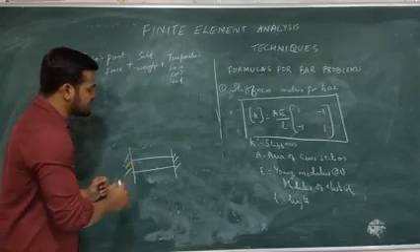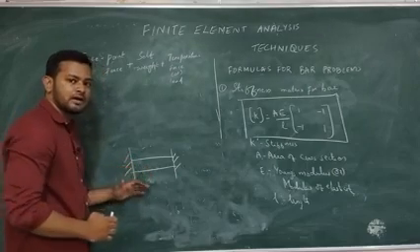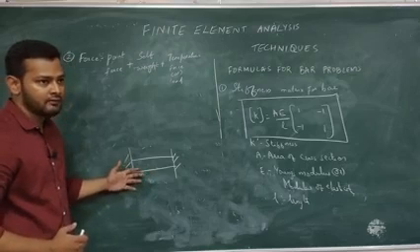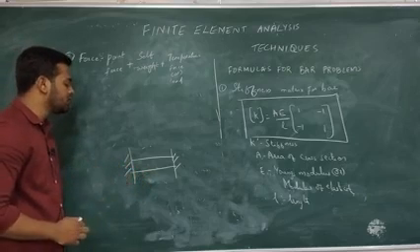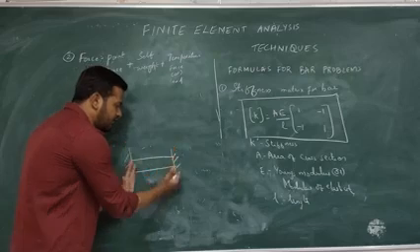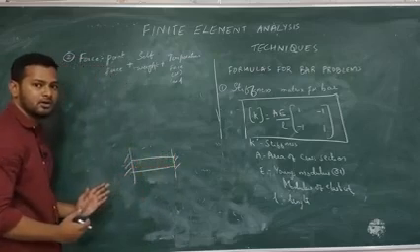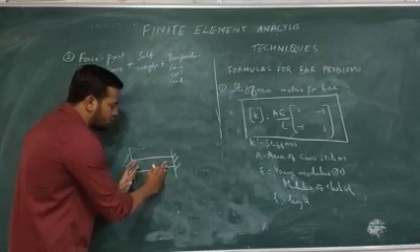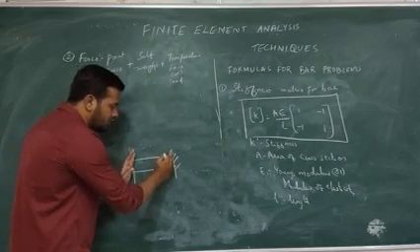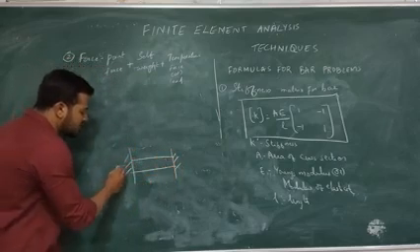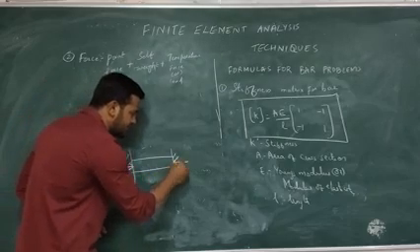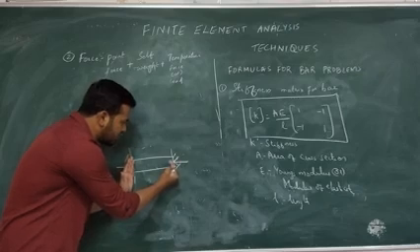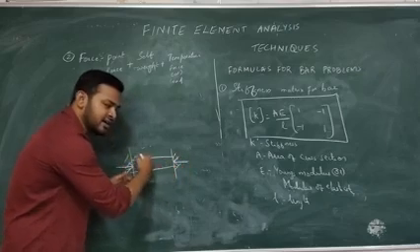So what will happen to this fixed beam? When I am heating this, we know that solids expand on heating. This is a solid member, and when I am heating it, it expands. Since you have fixed supports on both sides, the solid wants to expand, but the supports are not allowing it to expand. This solid wants to expand in every direction.